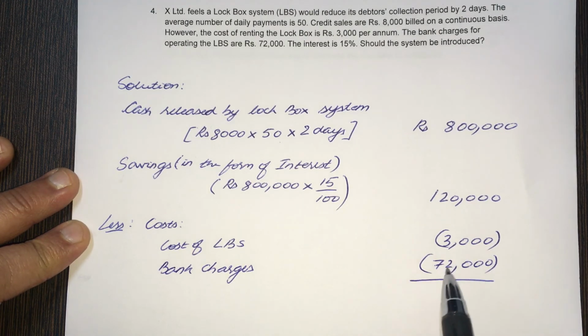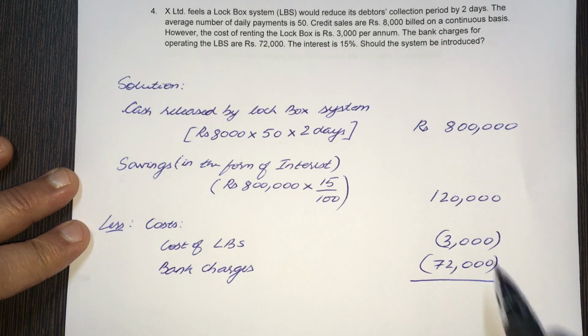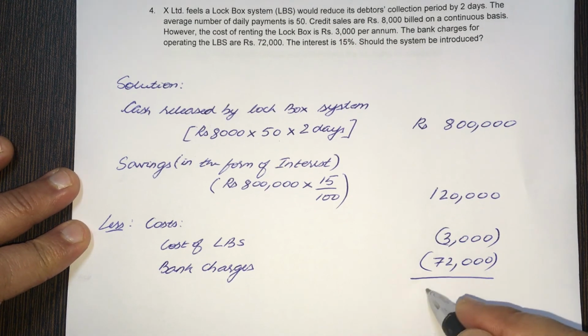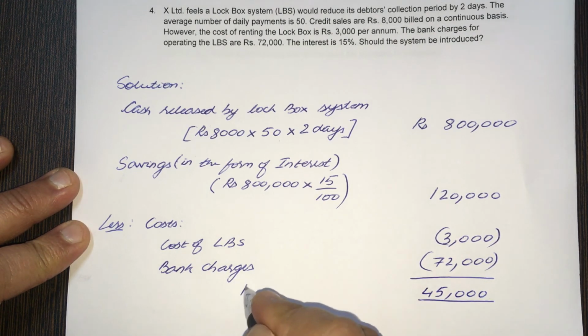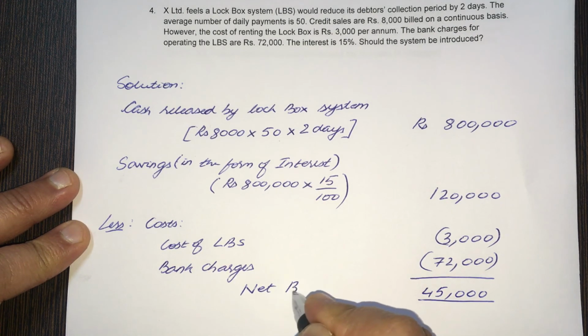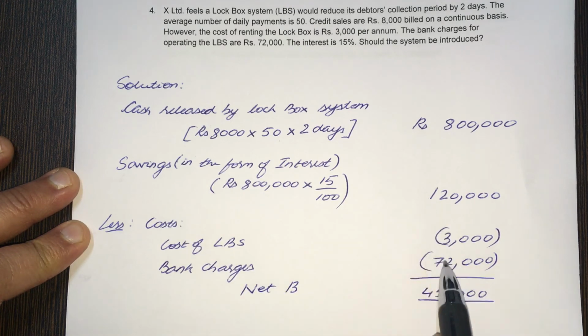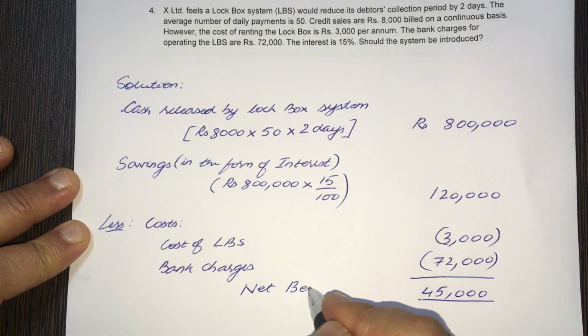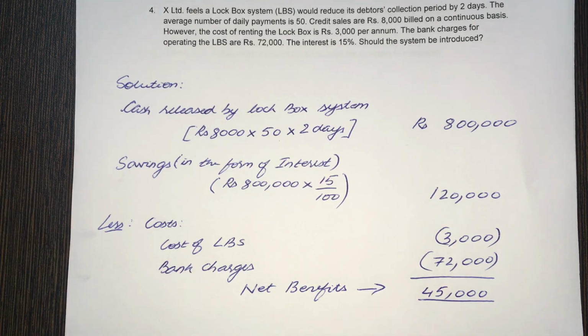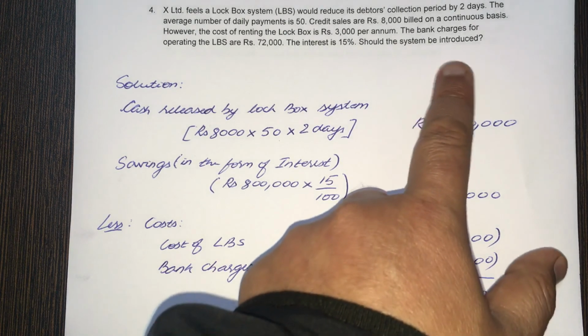So 3,000 plus 72,000, that's 75,000. Deduct 75,000 from 1 lakh 20, you will get 45,000. Now this is your net benefit, not a net loss, because the savings outweigh the cost. So the benefit is 45,000. So the question is, should the system be introduced?